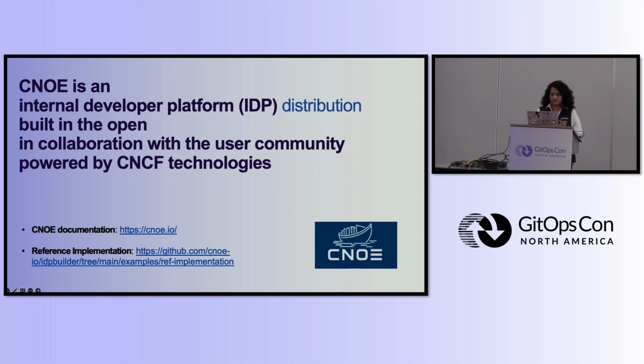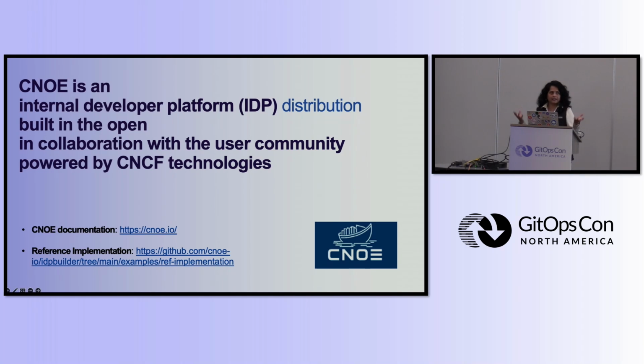To address this, I want to introduce Canoe, an internal developer platform distribution built in collaboration with the open source community. AWS has collaborated with several strategic customers to design an opinionated development model. In this model, we have integrated tools like Argo CD, Crossplane, Backstage, and Argo Workflow, a lot of the things I talked about today.